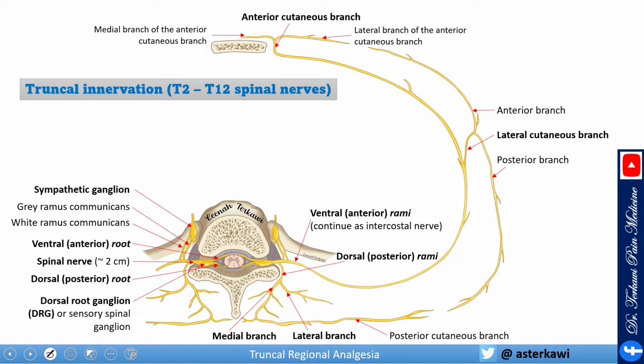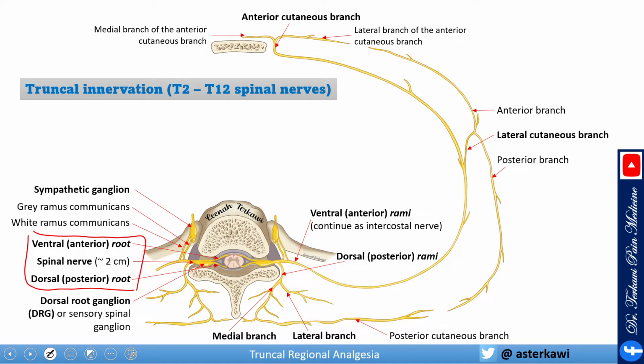So this is the spinal nerve anatomy, typically between T2 to T11 to 12. The spinal nerve is formed by the union of the ventral and dorsal roots.